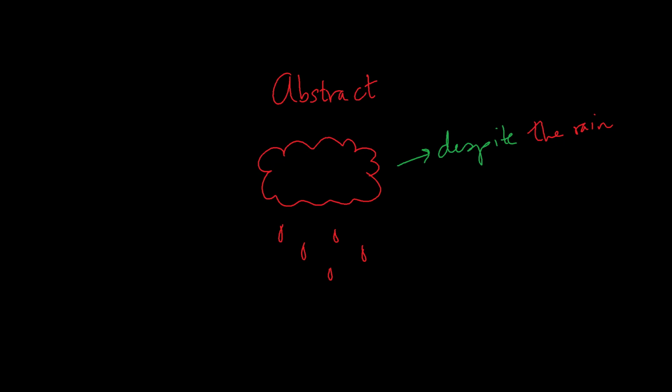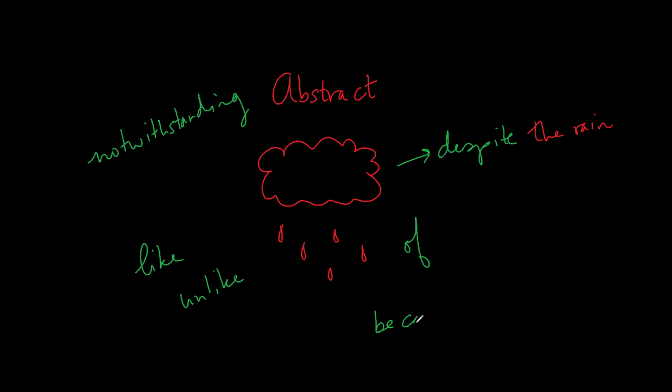And there are lots of these abstract prepositions. One of the most common ones is of. Other ones would be like or unlike. You can talk about something being notwithstanding. Of course, it always has to be followed by a noun, so you'd say, notwithstanding the rain, let's go for a walk, something like that. You can say because of the rain, and so on.